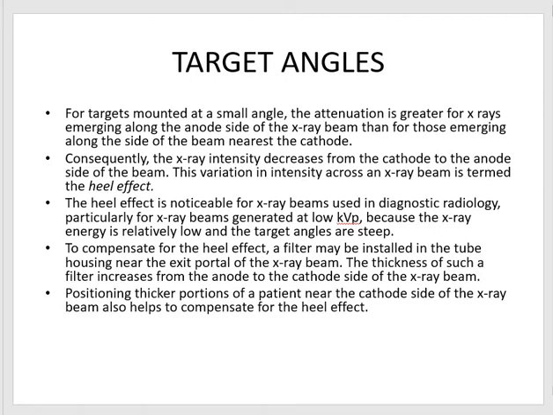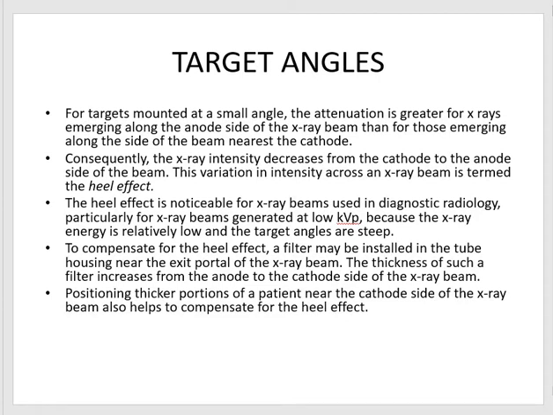Most X-ray tubes have an angle of about 7 to 15 degrees. A higher or lower angle is set depending on the application. Of course, the angle is much lower for a mammography X-ray tube, for example, so that the effective focal spot size is small to provide better spatial resolution.